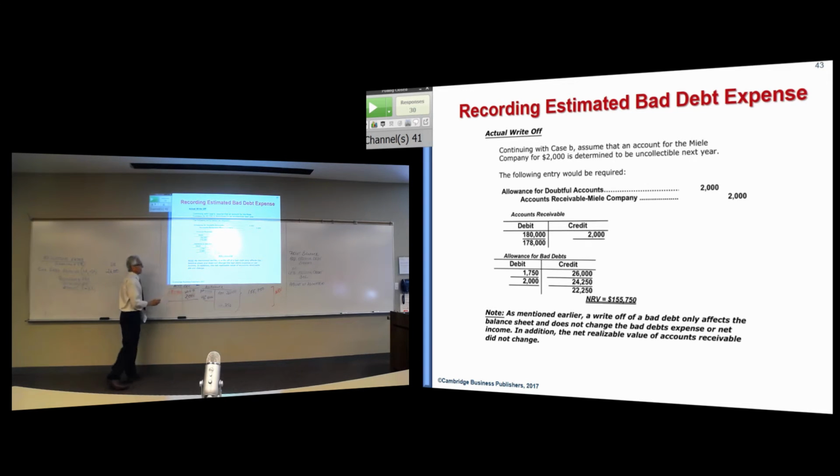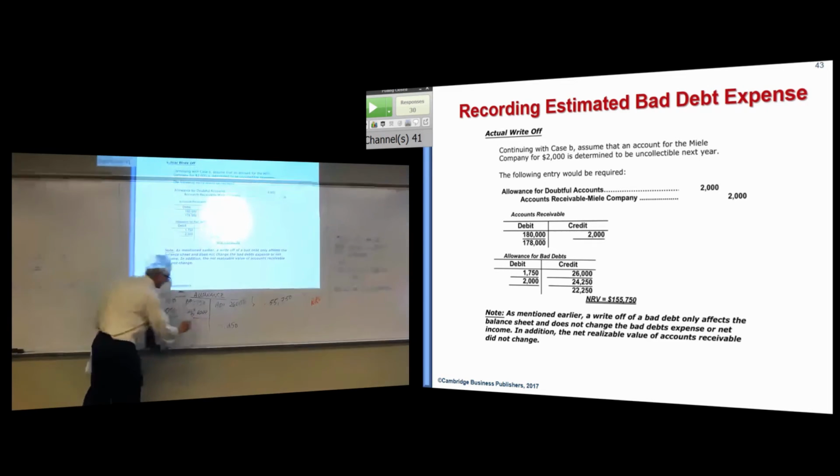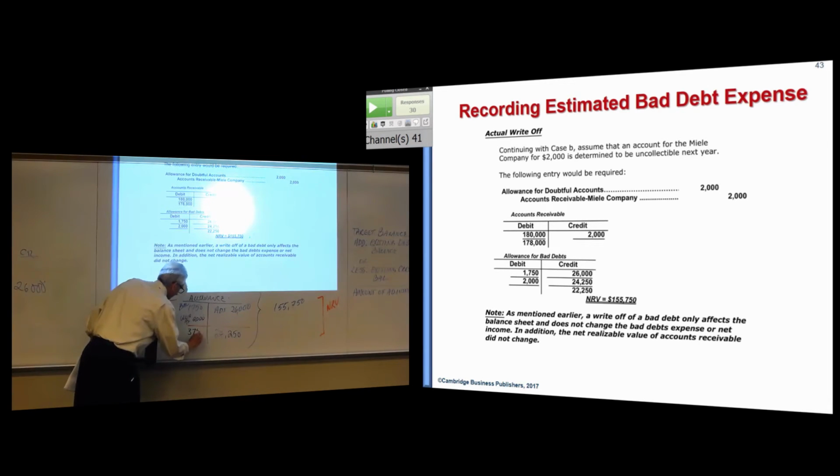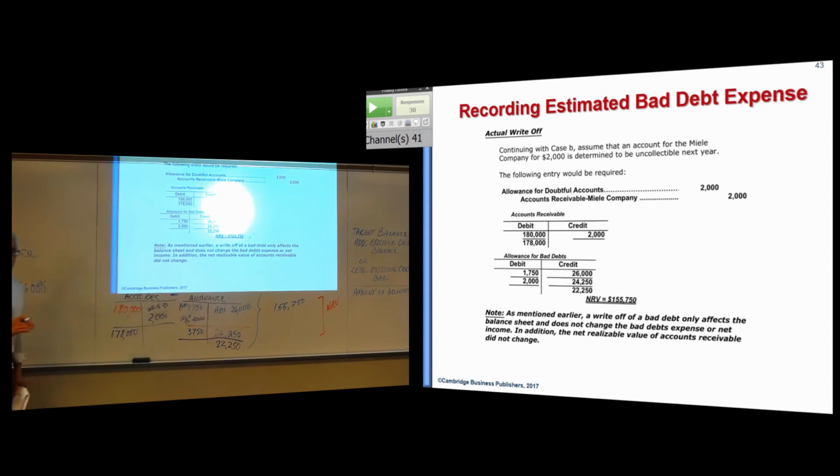When you have a write-off, the write-off will be a debit to the allowance, a credit to accounts receivable. So the accounts receivable now have a debit balance of $178. The allowance is $22,250. But the net realizable value does not change. Remember, the NRV does not change by the write-off.